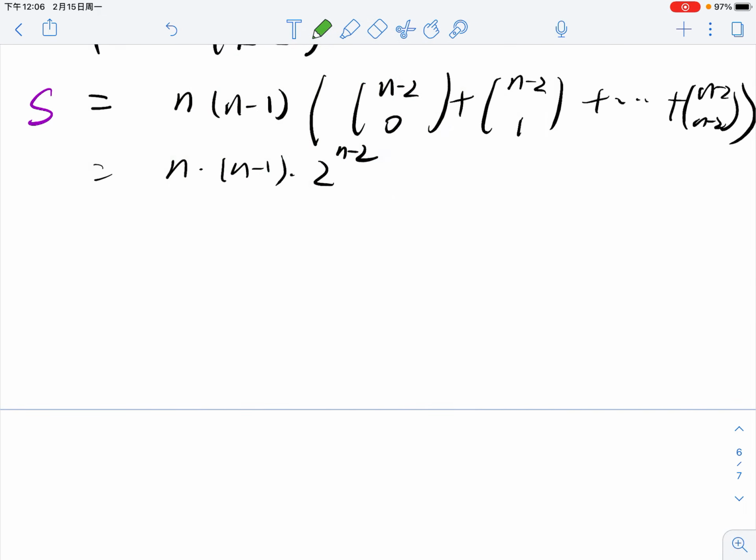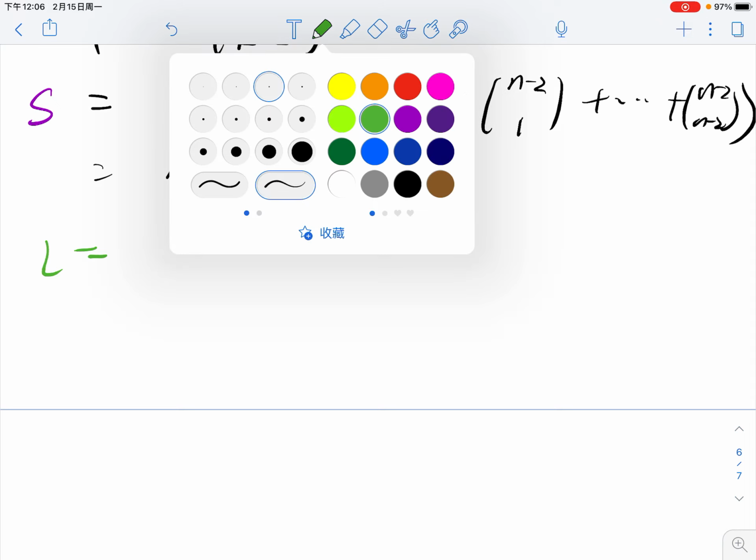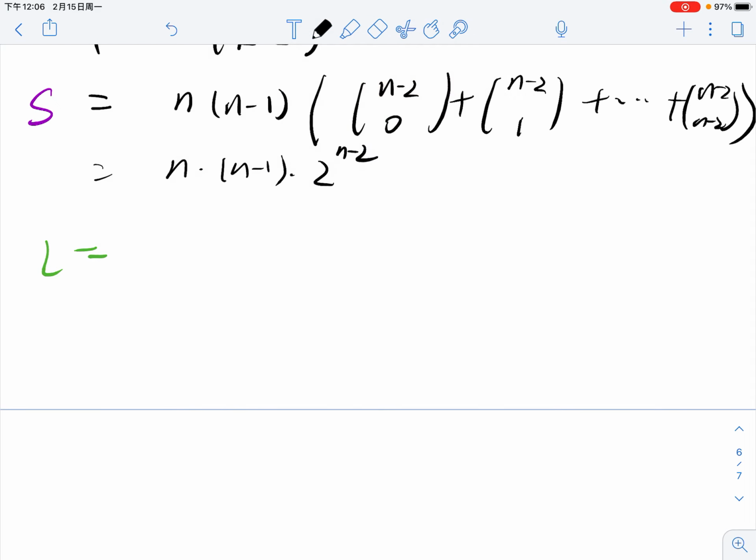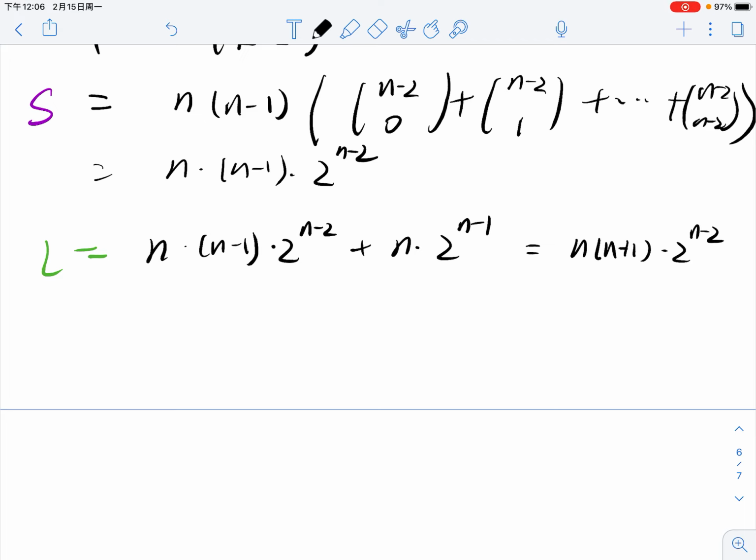And then the summation L is n times n minus 1 times 2 to n minus 2 plus n times 2 to n minus 1. If you want to simplify it, it's n times n plus 1 times 2 to n minus 2.